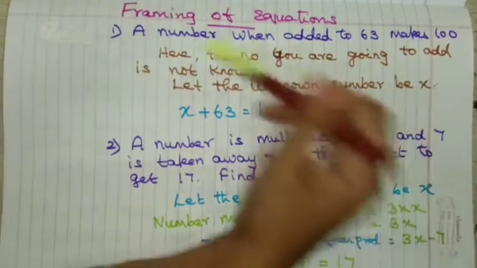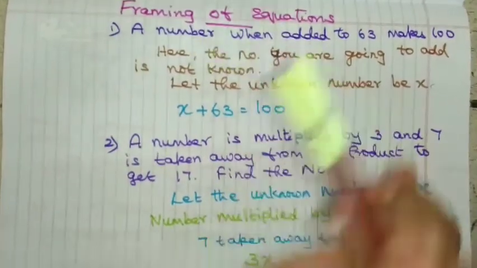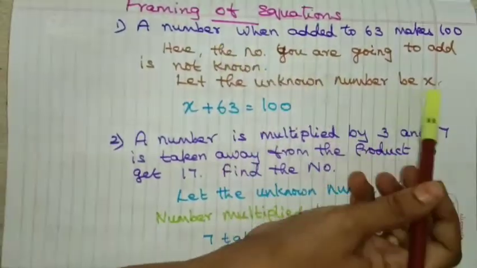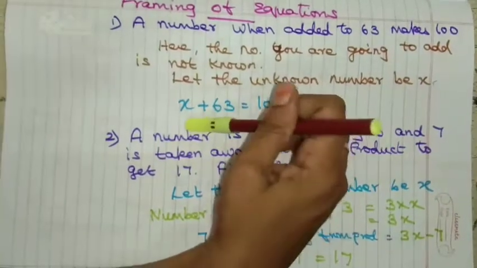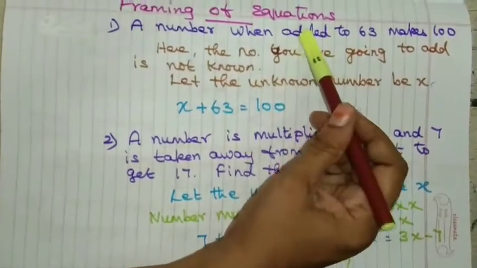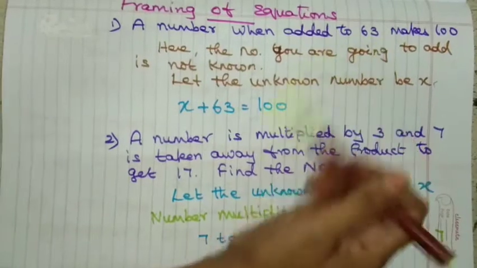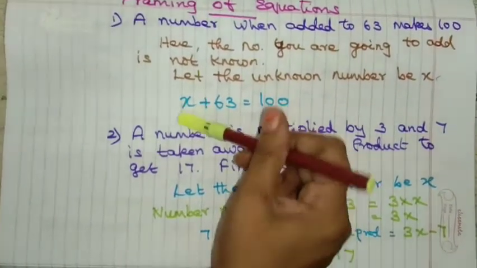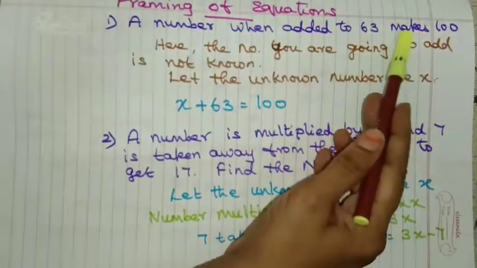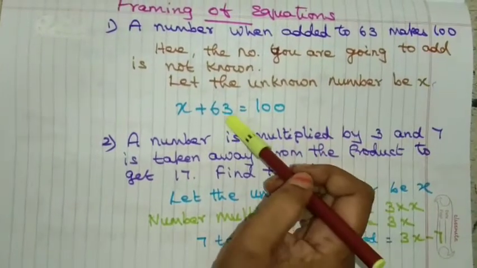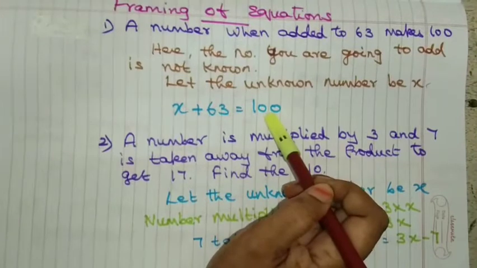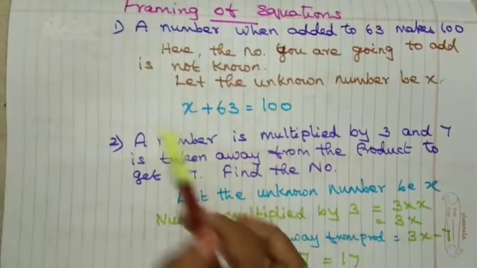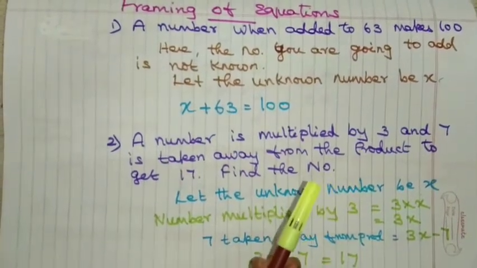So we are taking the number to be x. What is the next thing you have to do? Add it to 63. We have taken it as x plus 63 which is giving an answer of 100. So equal to 100. This way only we are supposed to frame the equation.